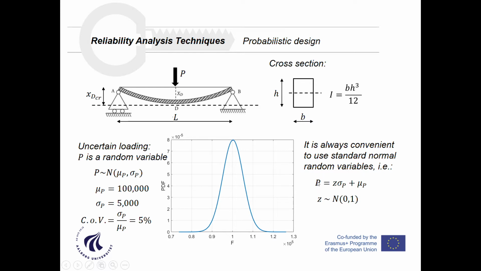So here we can perform a transformation and say that the value of P will be expressed as Z times sigma P, which is the standard deviation, in this case equal to 5,000, plus the mean value or the expected value, which is 100,000. And in this case, Z will be a standard normal random variable. This is convenient because many of the techniques that we will see in the future require that the random variables are standard normal random variables.